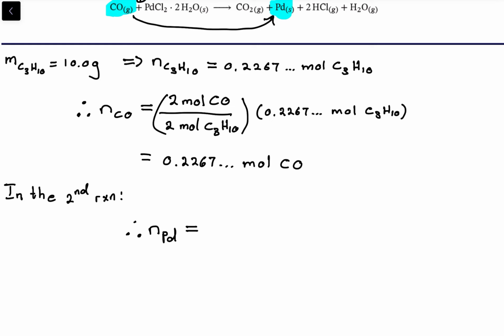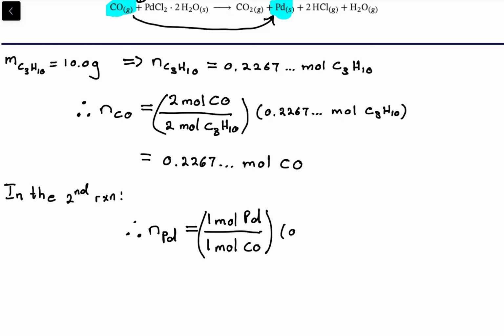It's a 1-to-1 ratio, so you can immediately write it, but let's be frivolous: 1 mole palladium forms for every 1 mole of CO that reacts.